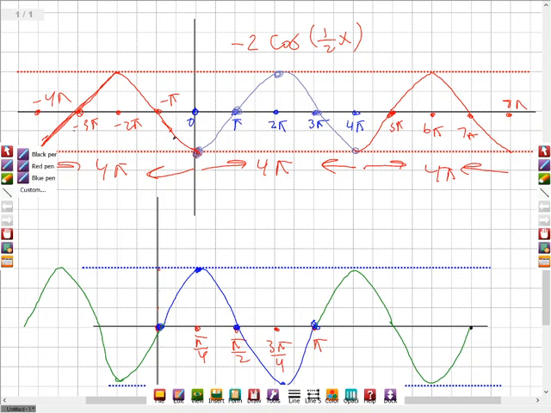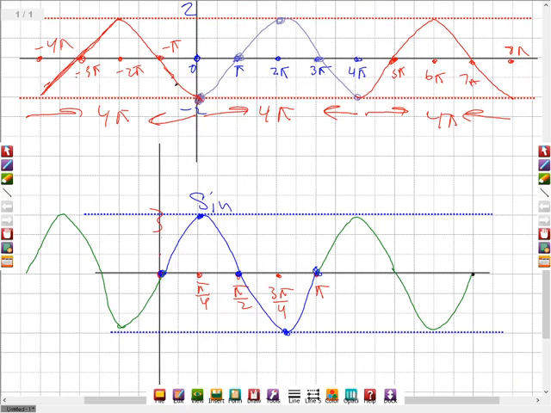This is sine. This is 3. And this is negative 2 and negative 2. Let me just change this color. This is 2. And this is negative 2. And this is 3. And this is negative 3.